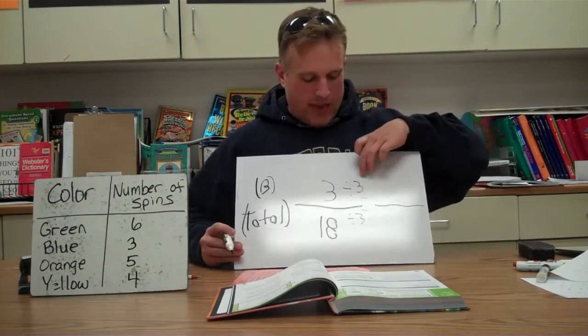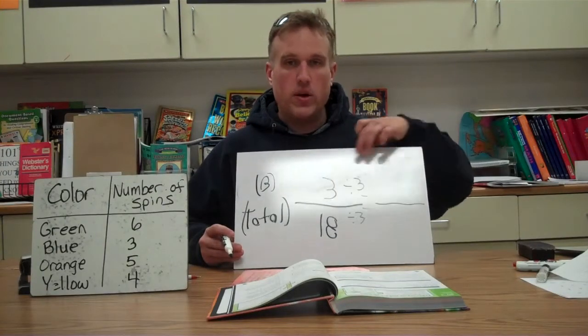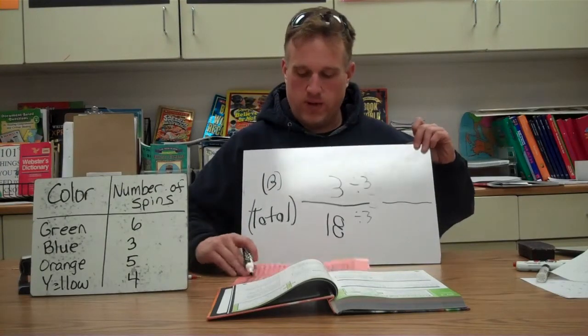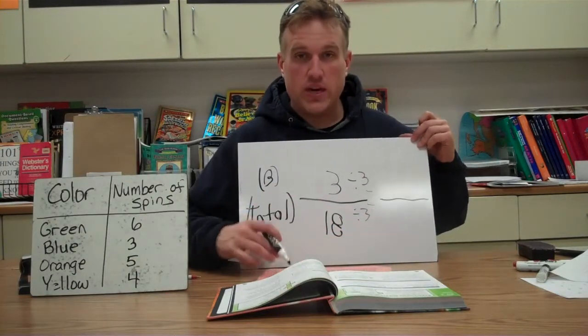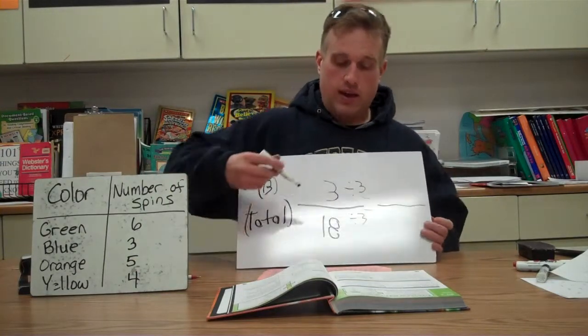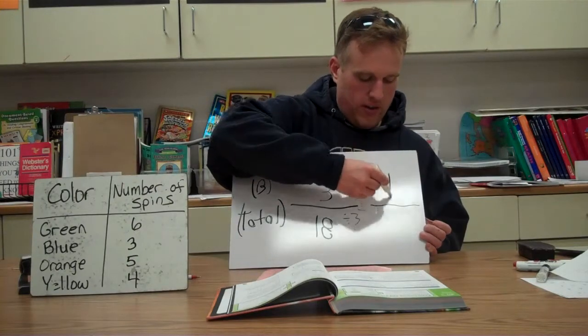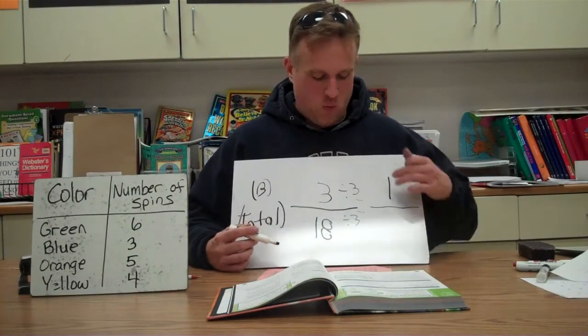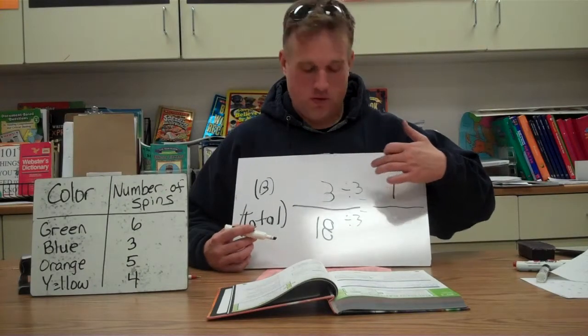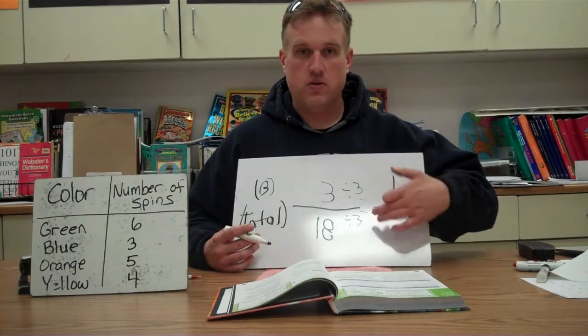We're going to ask ourselves, how many times can 3 go into 3? If we use our matrix, you will find that it goes in 1 time. Again, whatever we do to the top, we do to the bottom, and vice versa.